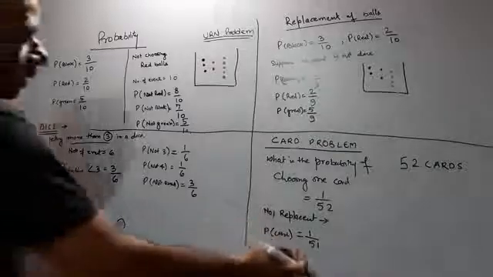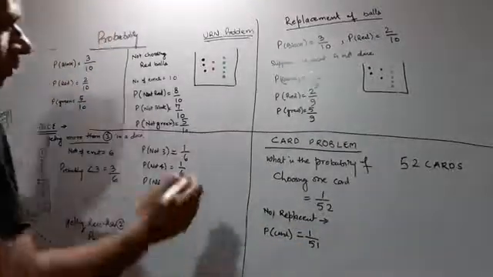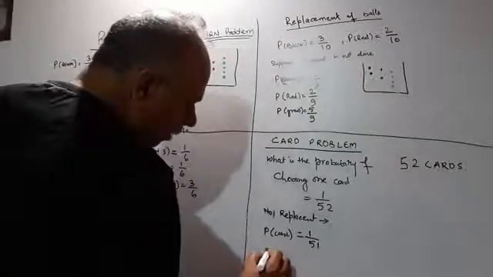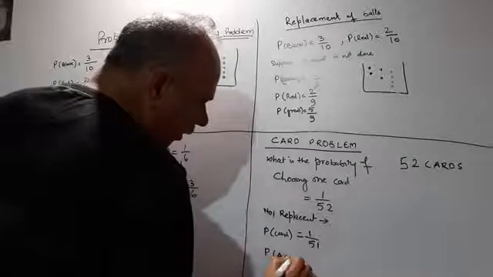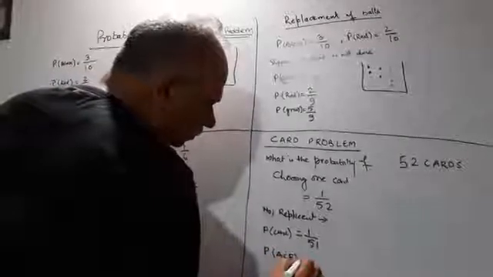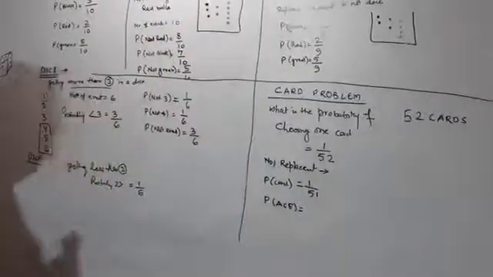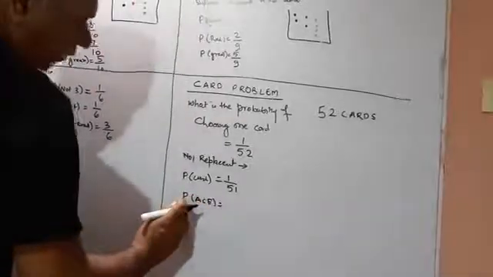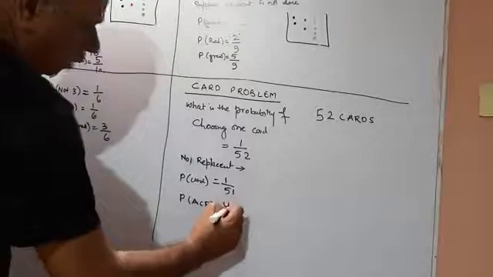So the number of events remaining is 51 only. As we know, what is the probability of choosing one ace card? In the deck there are 4 ace cards out of 52. So choosing one ace card will be 4 by 52.